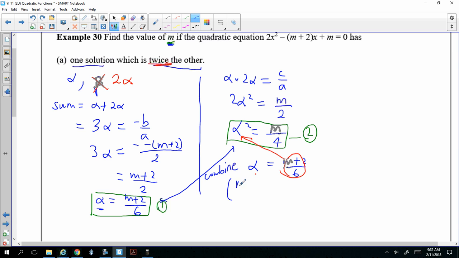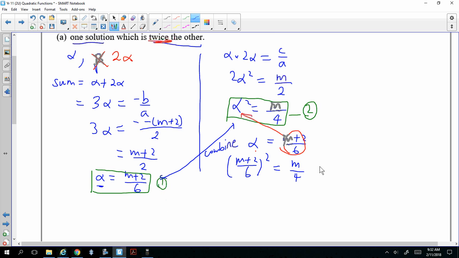Alright, good. So we get the 2 equations, the sum and the product, and solve simultaneously. So what do we get? We're going to expand, so we're using the perfect square formula, m squared plus 4m plus 4 over 36 equal to m over 4. And then what you do is multiply both sides by 36 to get rid of the denominator.